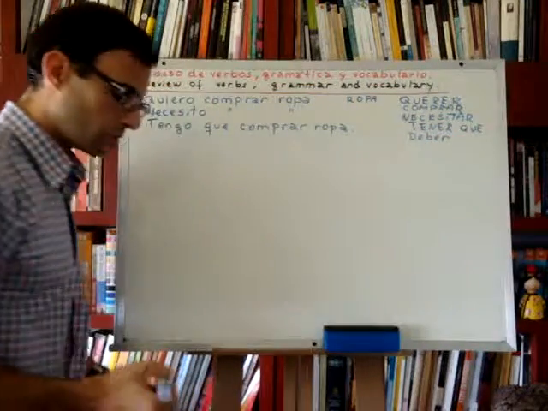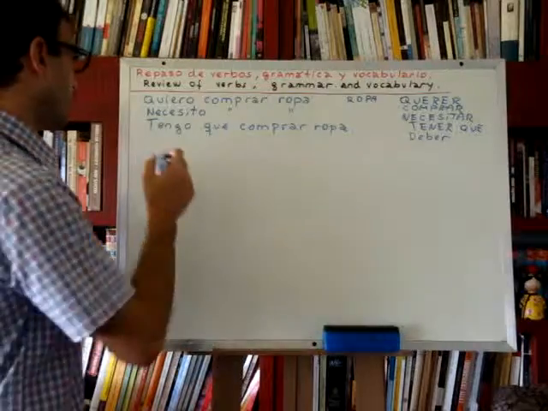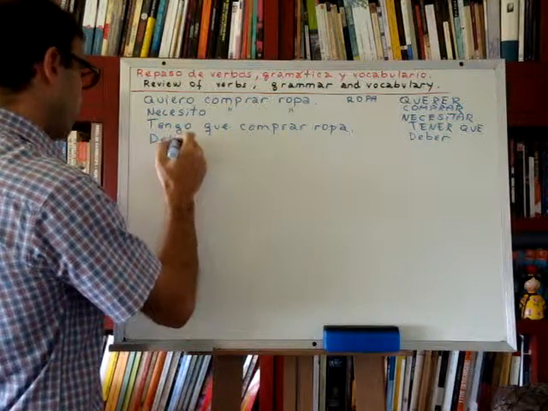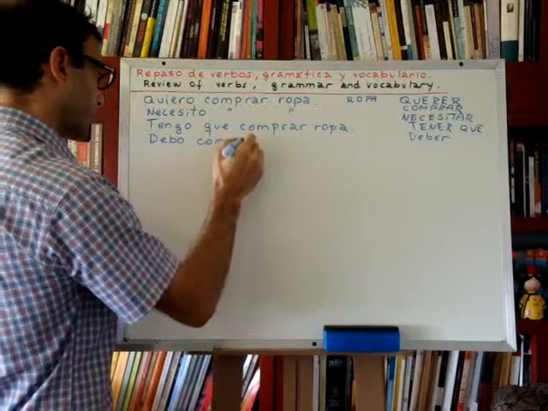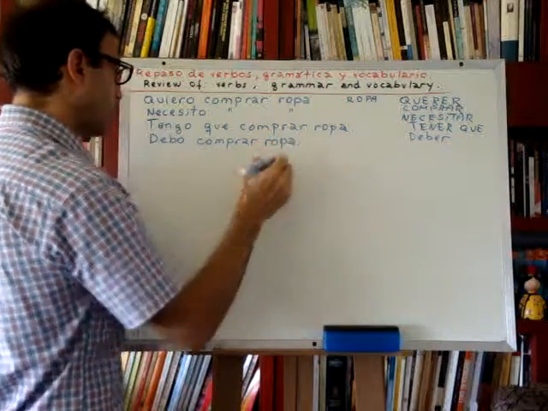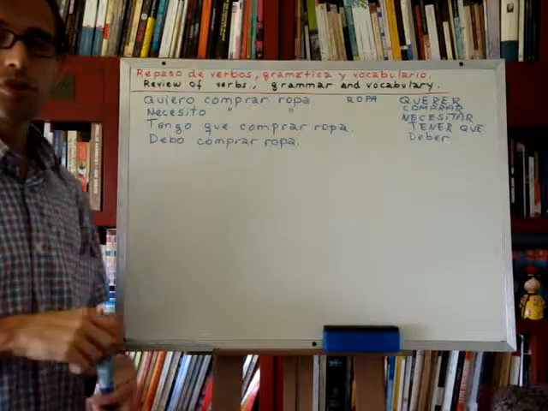Deber means should. We would say debo, it's a regular verb. Debo comprar ropa. Right? Debo comprar ropa is I should buy clothes.